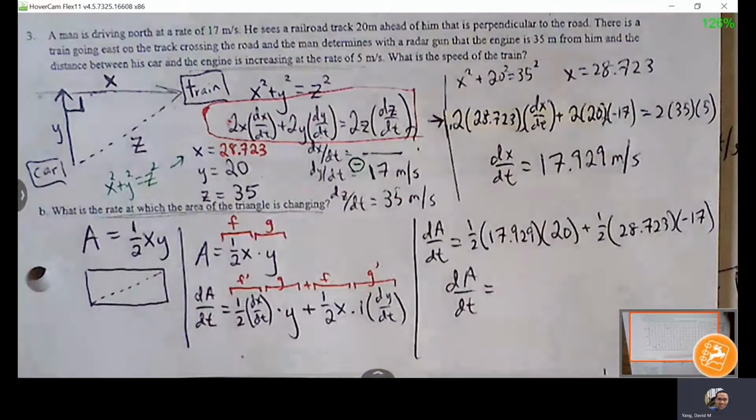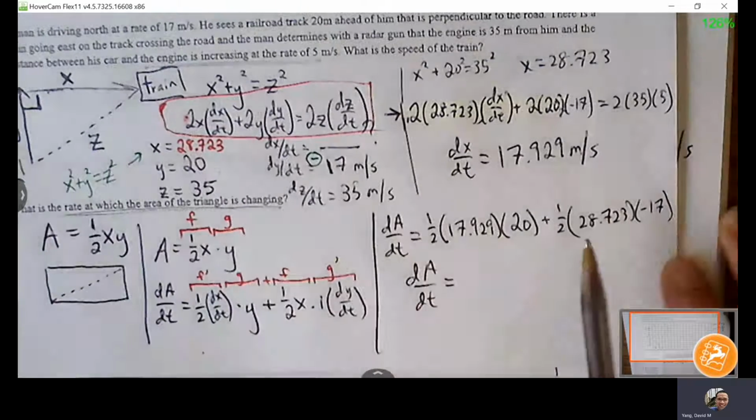Let me know what you get. Now, I think it should be smaller because there's a negative here.